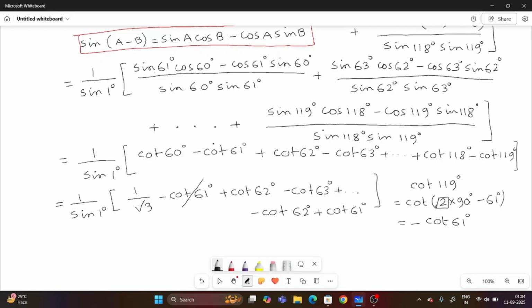So minus cot 61 plus cot 61 cancelled, plus cot 62 minus cot 62 cancelled, and seeing the pattern of this expression, we can say that alpha must be equal to 1 by sin 1 degree, which is cosec 1 degree, multiplied by 1 by root 3, as the remaining terms are cancelled.